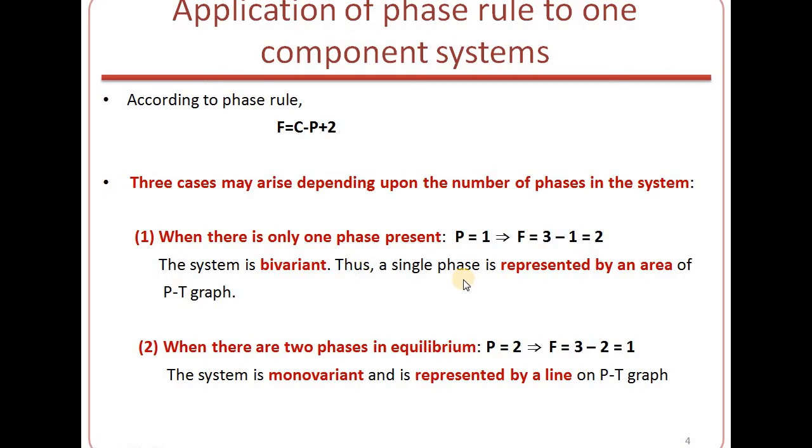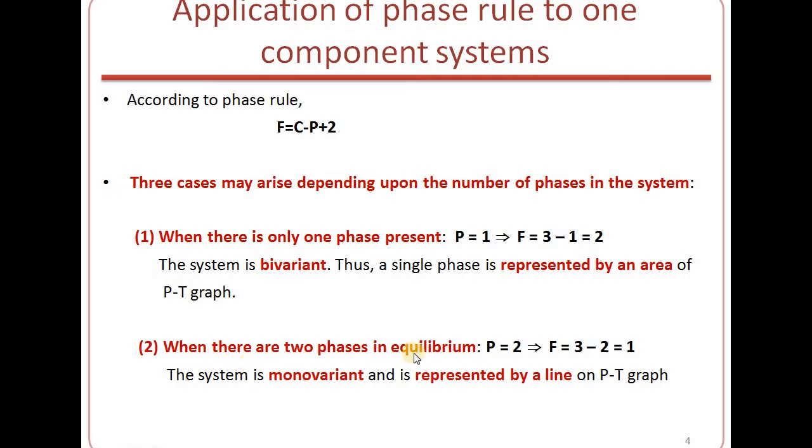So a single phase in a one component system phase diagram will be represented by an area. When we plot pressure versus temperature, the single phase will be represented by an area. As the system is bivariant, there are 2 degrees of freedom.